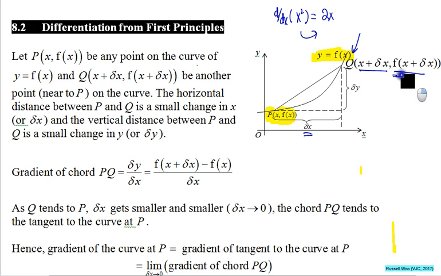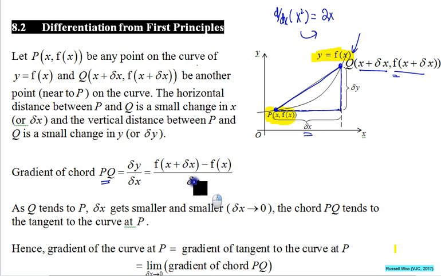Does it make sense to all of us that if I join P and Q, the gradient of PQ is this distance divided by this distance? Correct? Which is delta y divided by delta x.